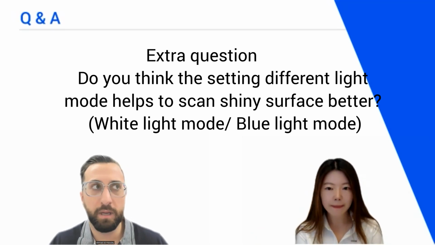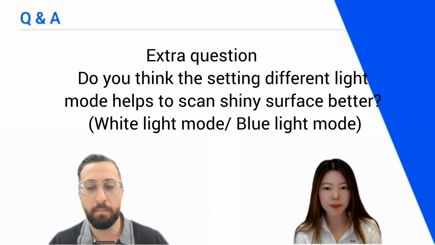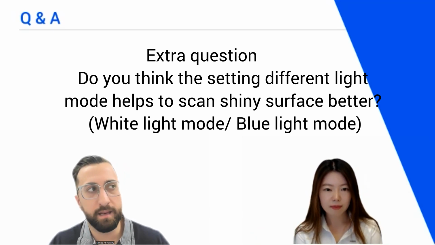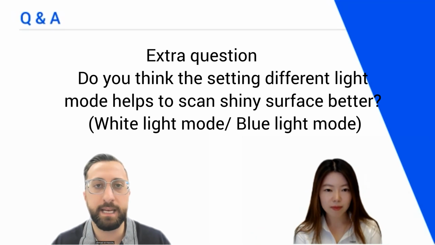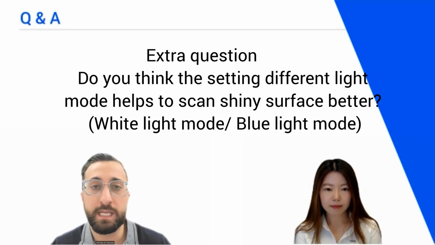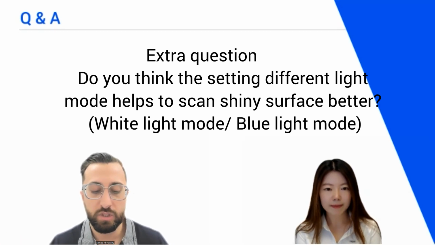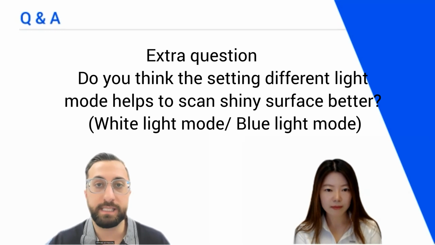Yeah, from my understanding, the blue and white light modes were a feature of the i500. And back then when they first released it, it did help somewhat because it reduced reflection. I personally think rather than rely solely on the light or the software, clinicians, when they're scanning metals, just need to angle the scanner in different ways.